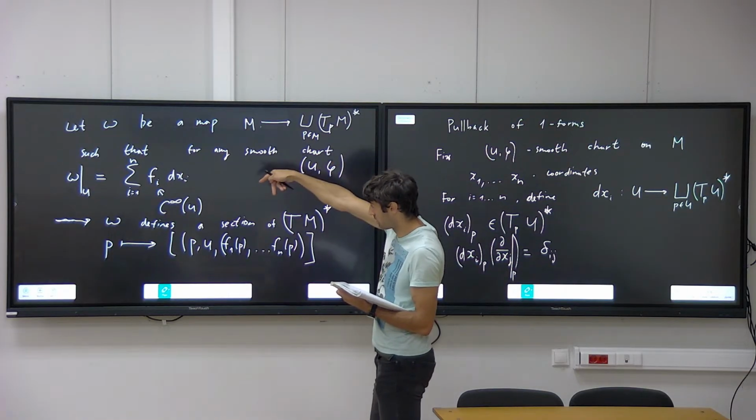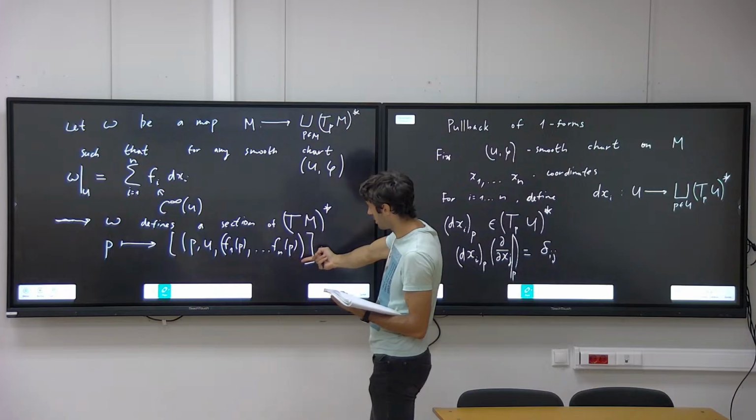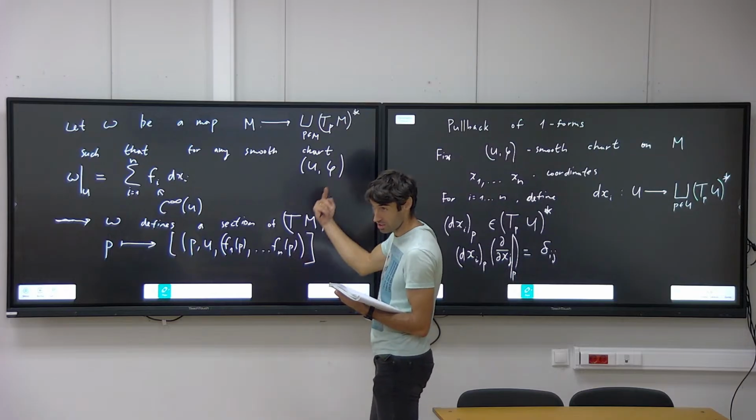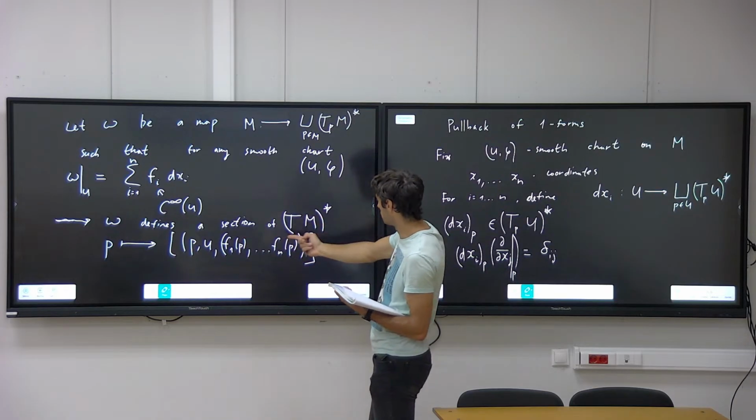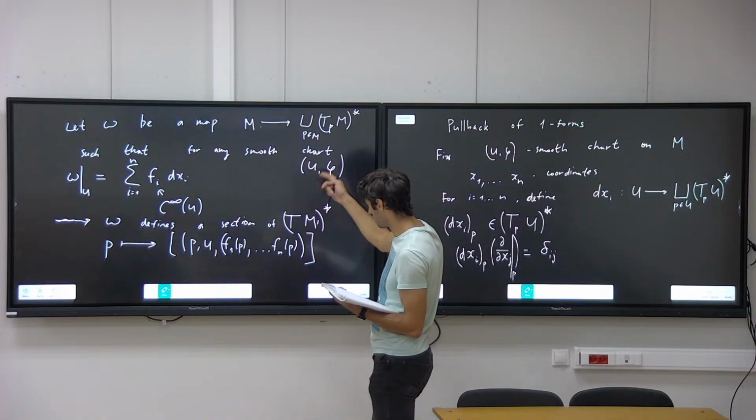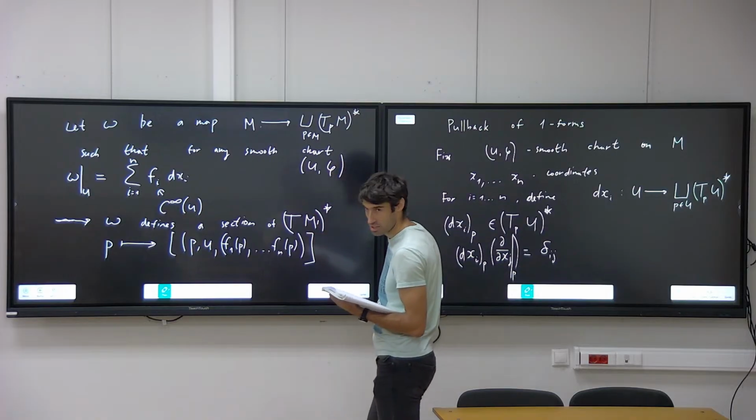And then omega is written like that in the smooth chart, and that's how I define a section. A section should go from P to the total space of the vector bundle.